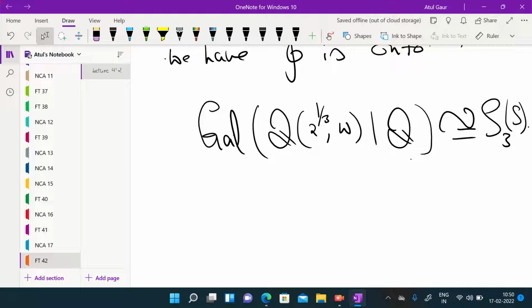Okay, so let's see some definition of group action, though I think you may be aware of it from your undergrad classes.